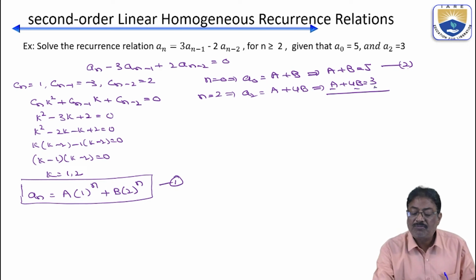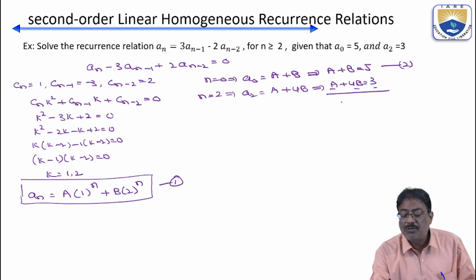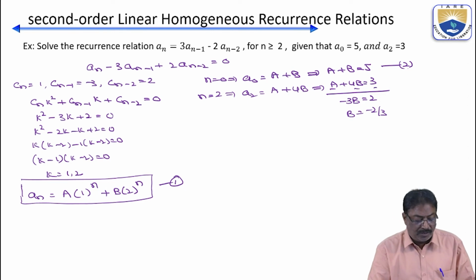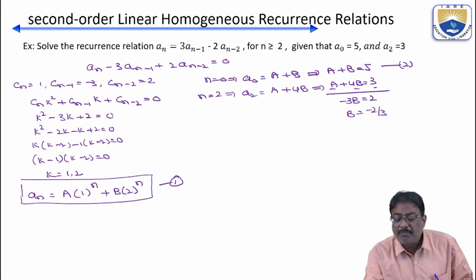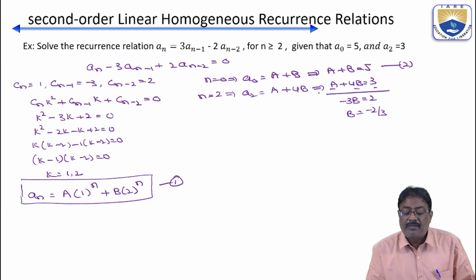So from this, subtracting, I am going to get a minus 3b equals 2. So b equals minus 2 by 3. So I am just calculating, and this is what I am going to get, a equals and b equals.